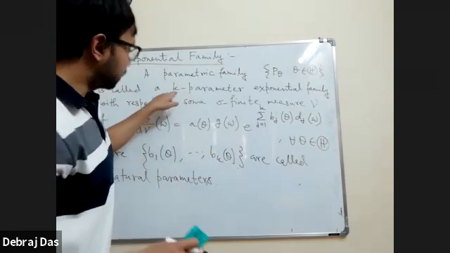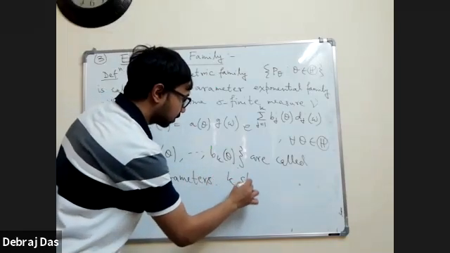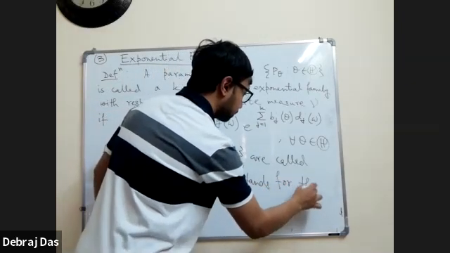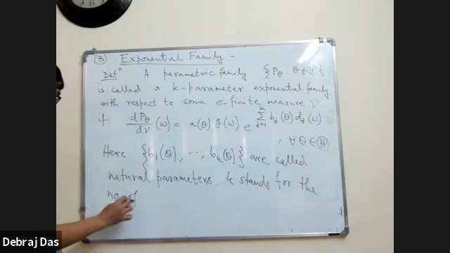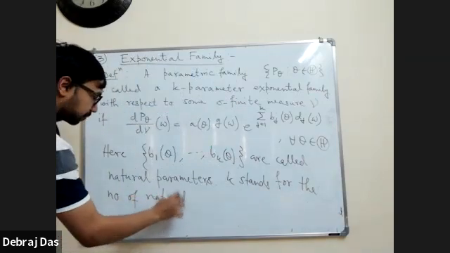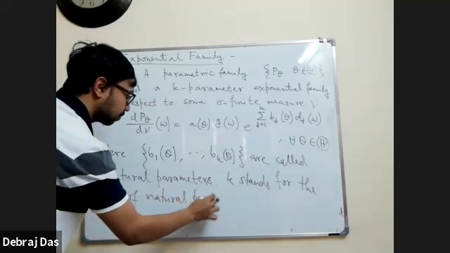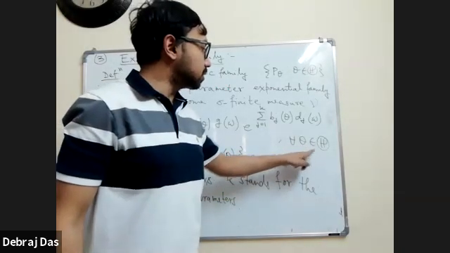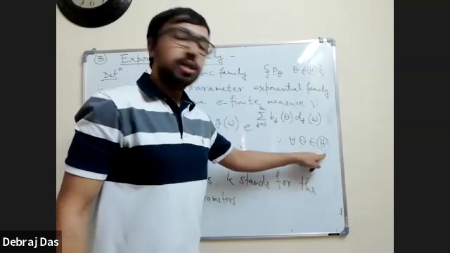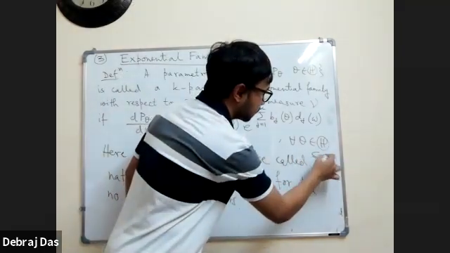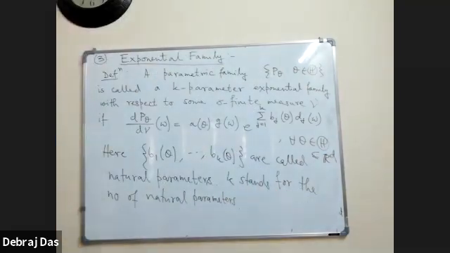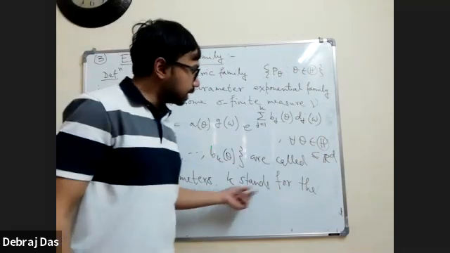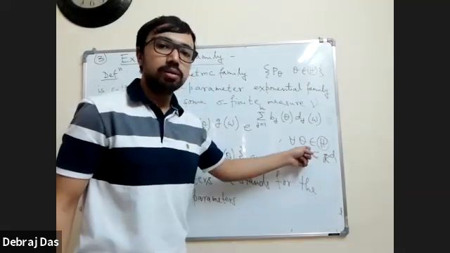And this k stands for the number of natural parameters. Not the dimension of this script theta, so let's write for some dimension d. This k stands for the number of natural parameters. This k is not the dimension of the actual parameter. Okay.